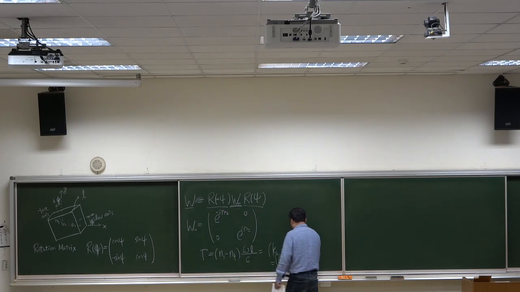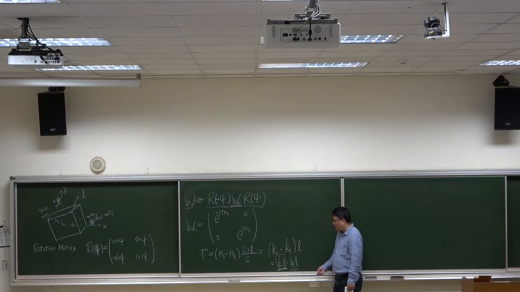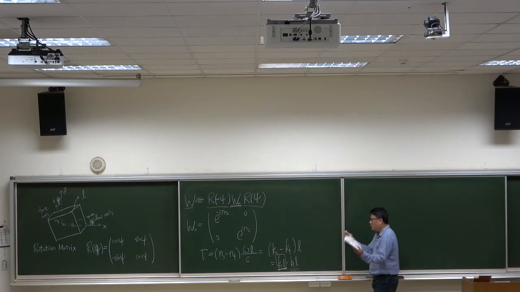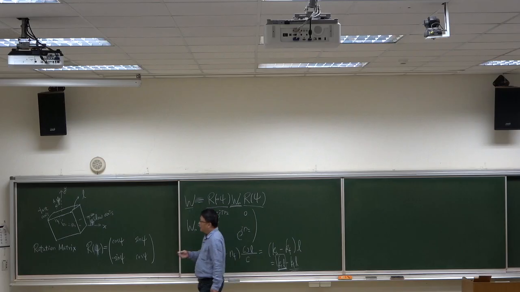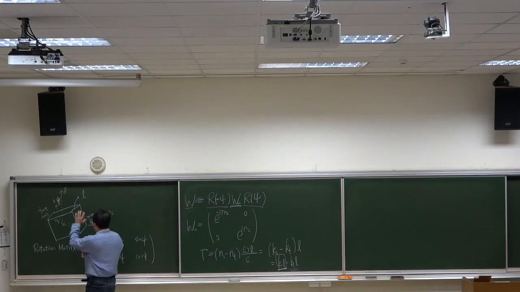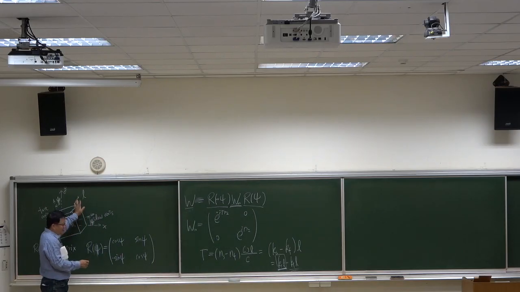And for the fast axis, we also have this phase aggregation. Then we take the difference of them. The difference tells us what the final polarization is.